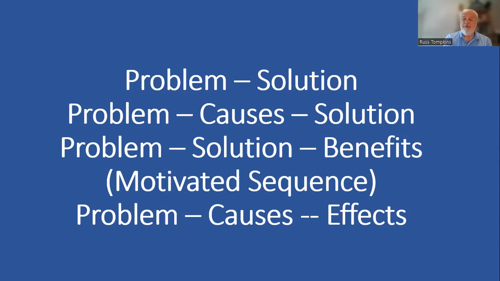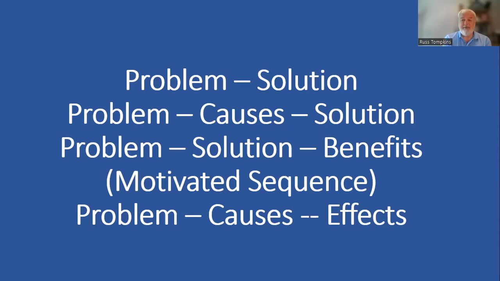This one is a great one if you have a definite solution in mind, some behavior you want the audience to do, like to sign a petition, buy a product, something like that. Motivated sequence would be a great organization to use. If you don't have a solution, you could use the last one. You could describe the problem, explain why we have the problem, where it came from, the causes of it, and then the effects.